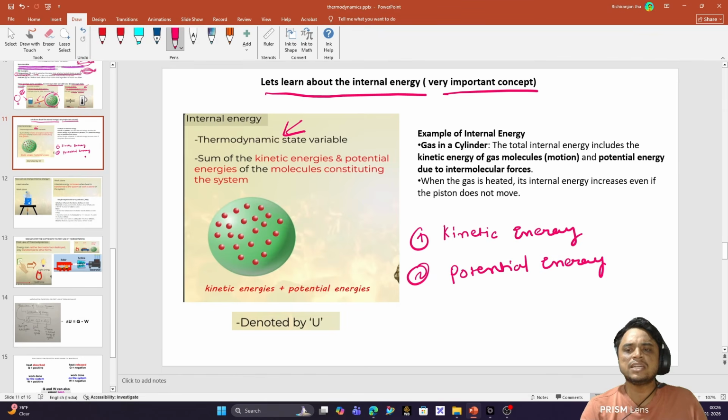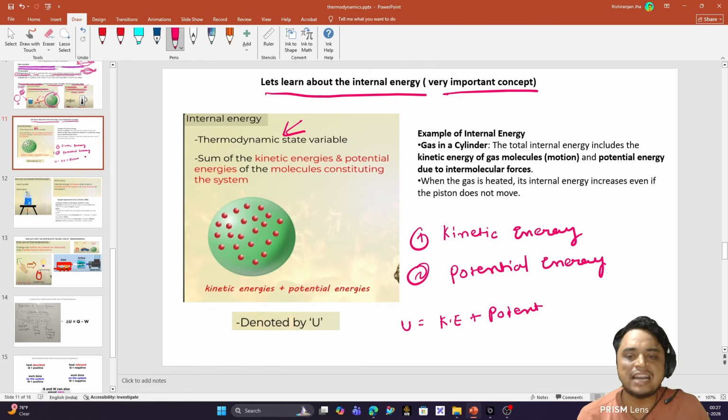In simple terms, kinetic energy is the energy possessed by virtue of motion, and potential energy is the energy possessed by virtue of its position, right? So the internal energy of a molecule is the sum of kinetic energy plus potential energy of the molecule, right?